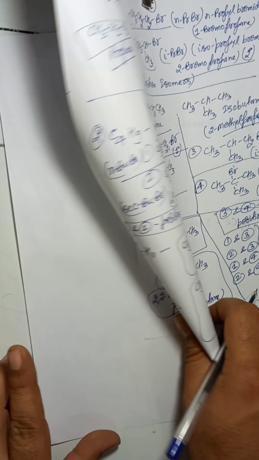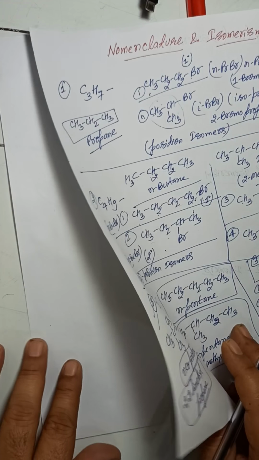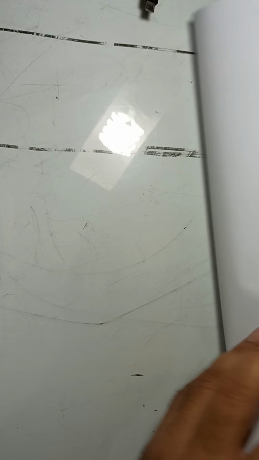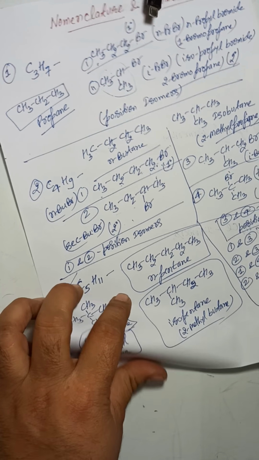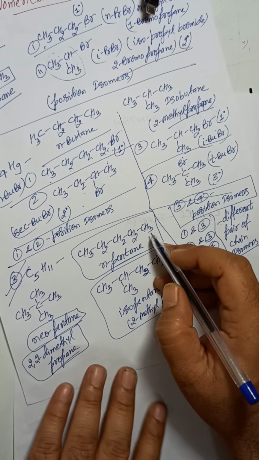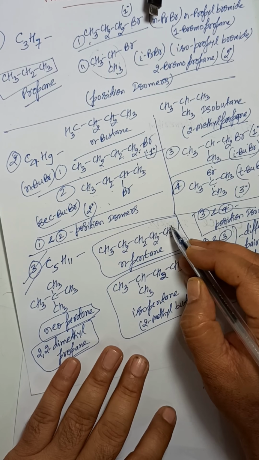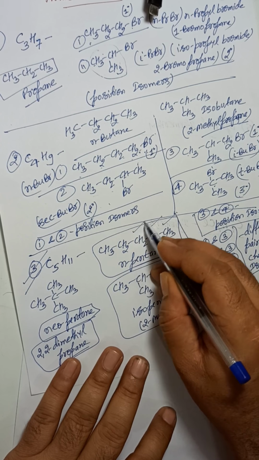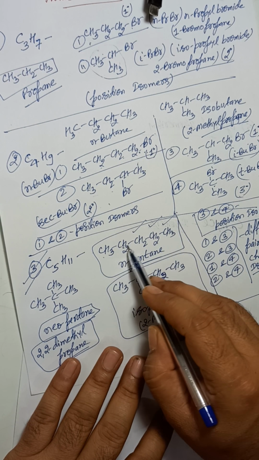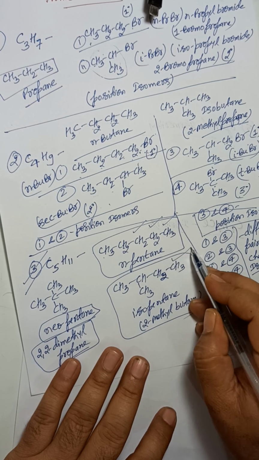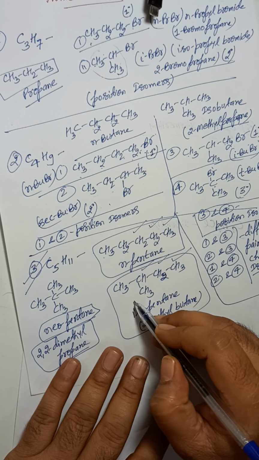Okay. Can you suggest how many pentyl groups should be there? We can remove hydrogen from here: 1, 2, 3. Here identical. Here identical. 1, 2, 3, 4.